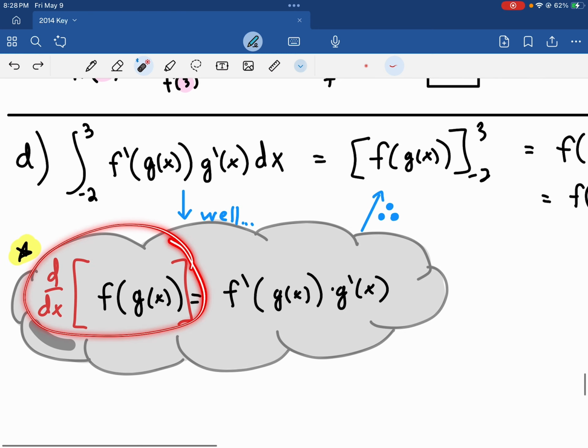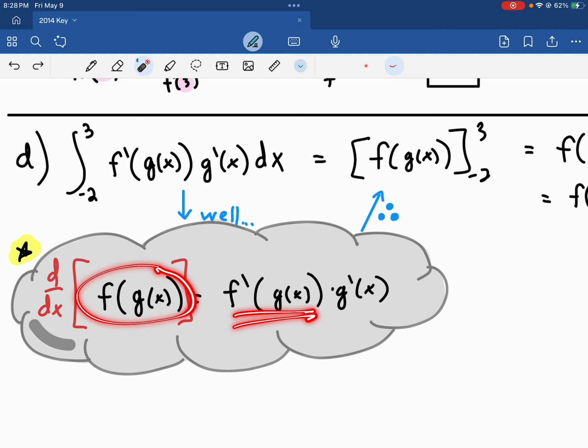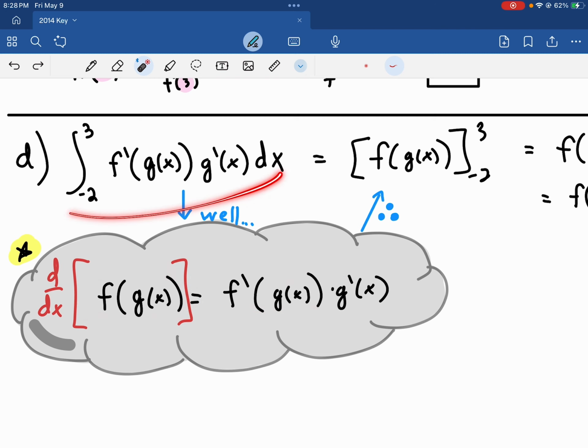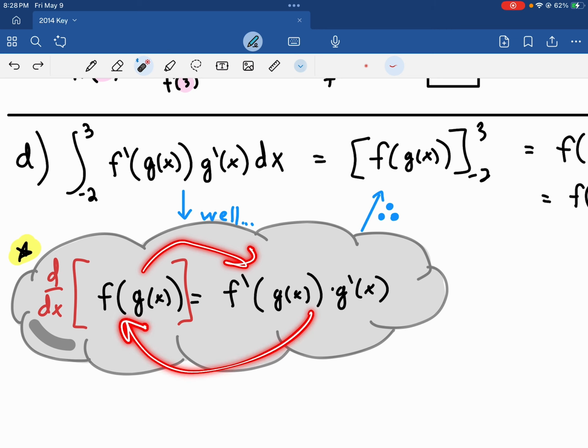If you take the derivative of f of g of x, the derivative of f of something is f prime of something, and the chain rule brings a g prime of x out. So I'm looking for the antiderivative of this, evaluated at 3 and -2. Therefore, if the derivative of something is this, the antiderivative means that I can go backwards.